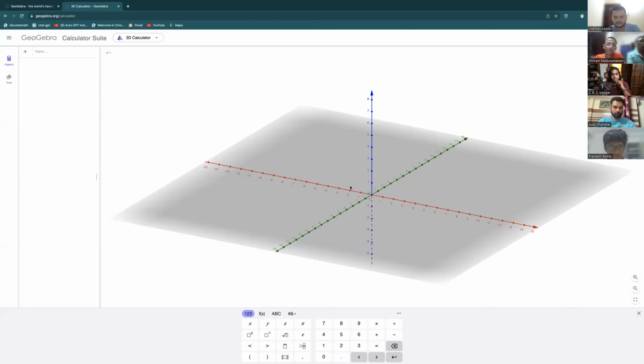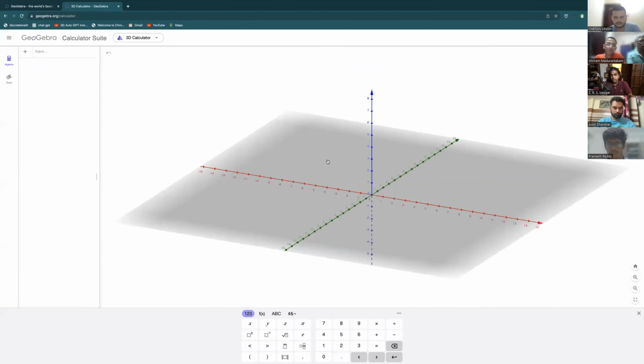Is it visible? Can I see some thumbs up? Go to GeoGebra and click on 3D calculator. I'll give you people a minute's time so that you can do this.